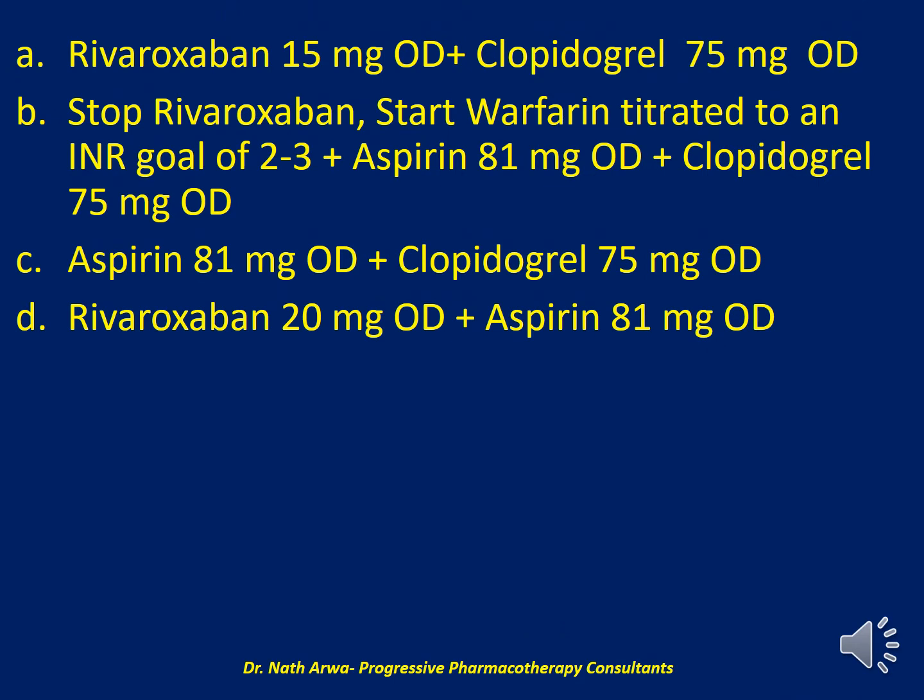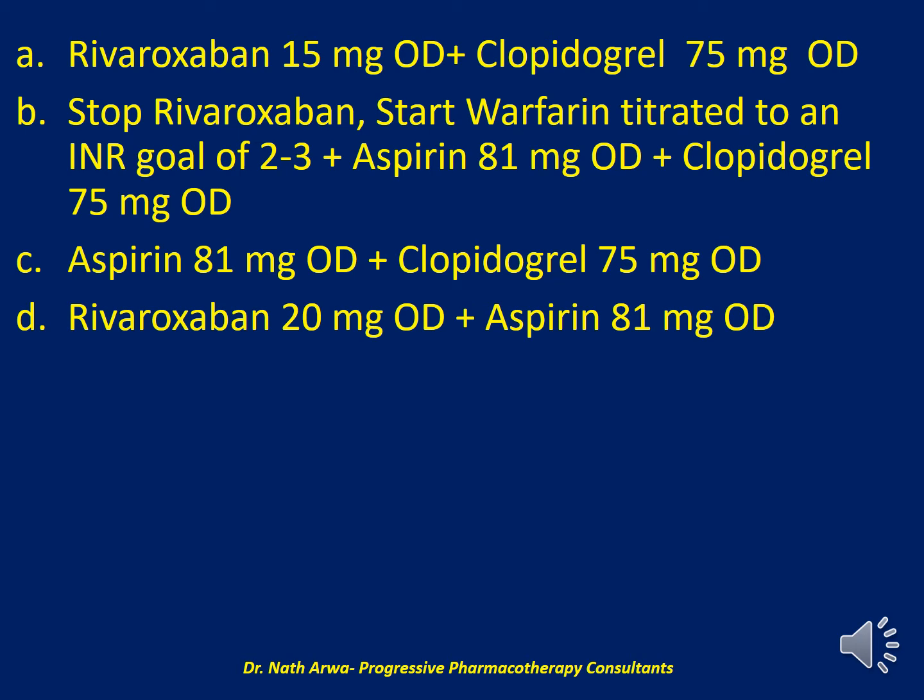Would it be 15 milligrams of rivaroxaban taken orally once daily, together with 75 milligrams of clopidogrel once a day? Or would you stop the rivaroxaban and initiate warfarin, titrated to an INR goal of 2 to 3, alongside 81 milligrams of aspirin orally once a day and 75 milligrams of clopidogrel once daily?